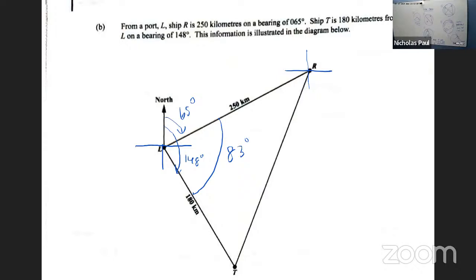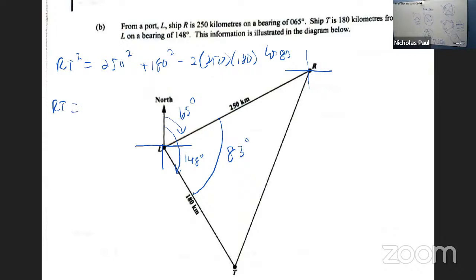And then there's the next part, let's find RT first. RT squared is equal to 250 squared plus 180 squared minus 2 by 250 by 180 cosine 83.